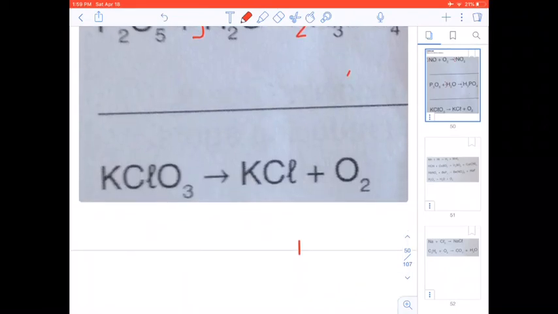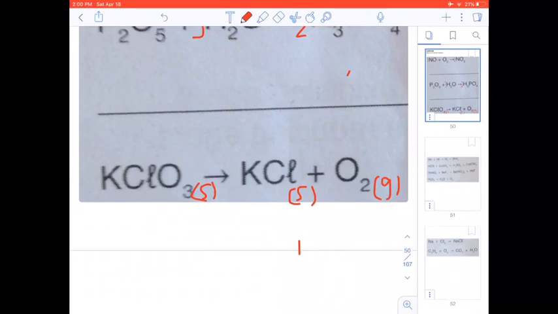This here is potassium chlorate, and that normally is a solid, and potassium chloride is also a solid, and oxygen is a gas. When we balance that reaction, we see we have 3 oxygens on the left and 2 on the right.